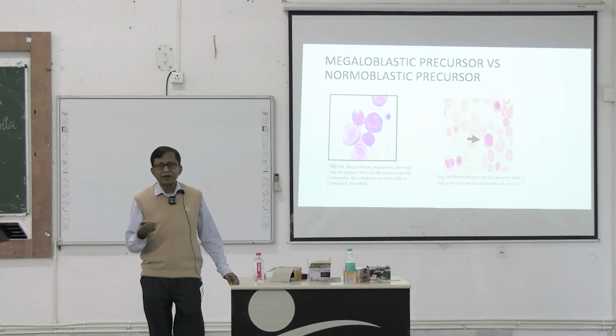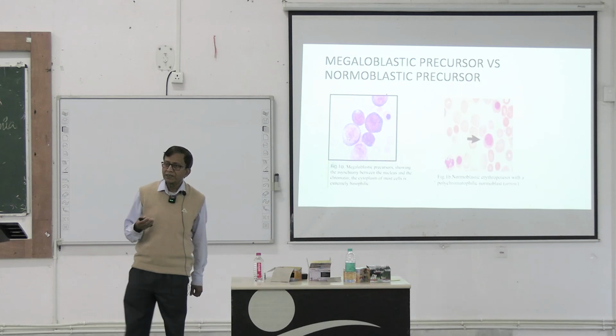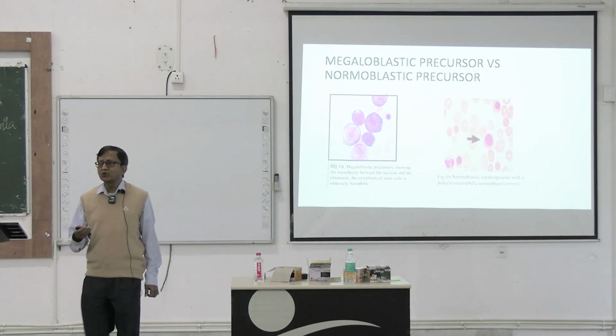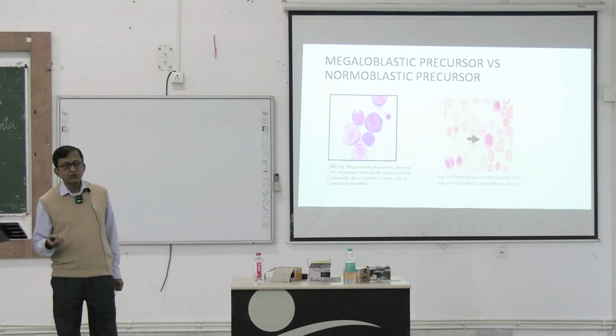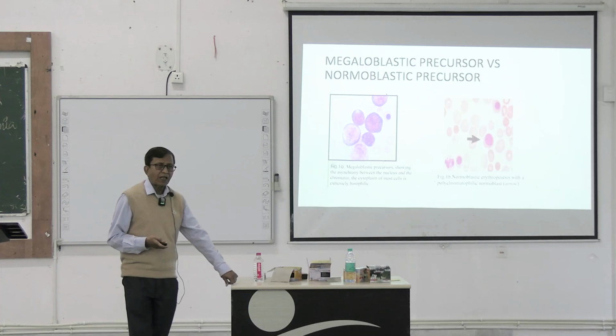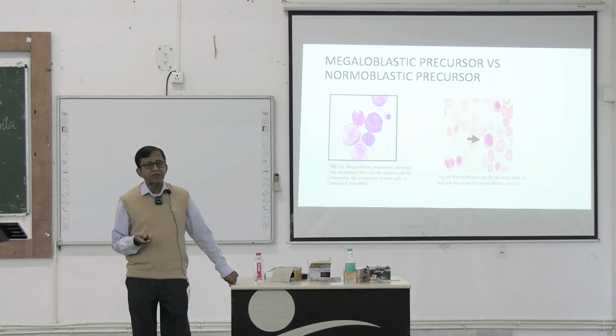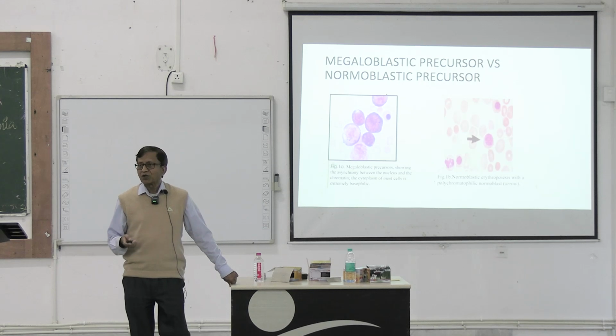It may be primary, de novo, or due to secondary causes. So aplastic anemia and megaloblastic anemia are indications for doing bone marrow. Remember this throughout your life.